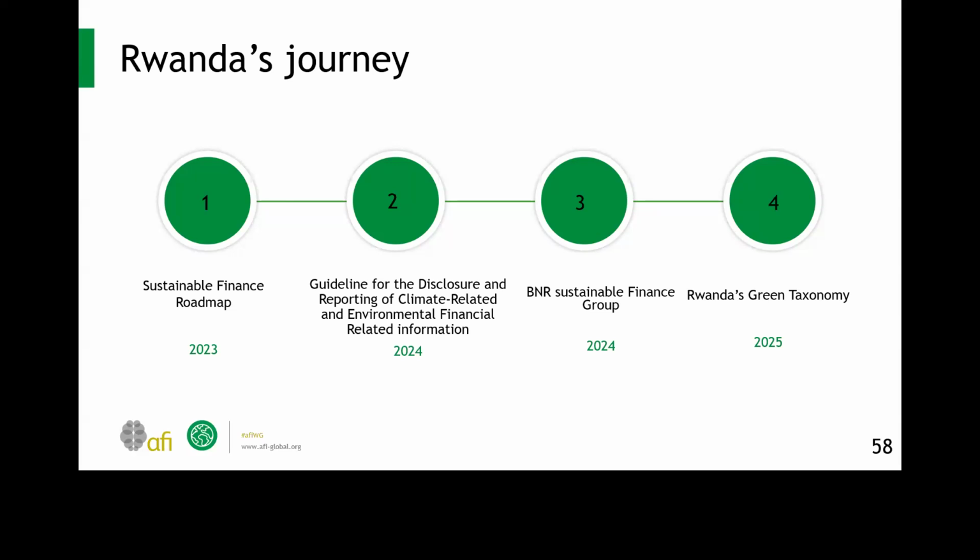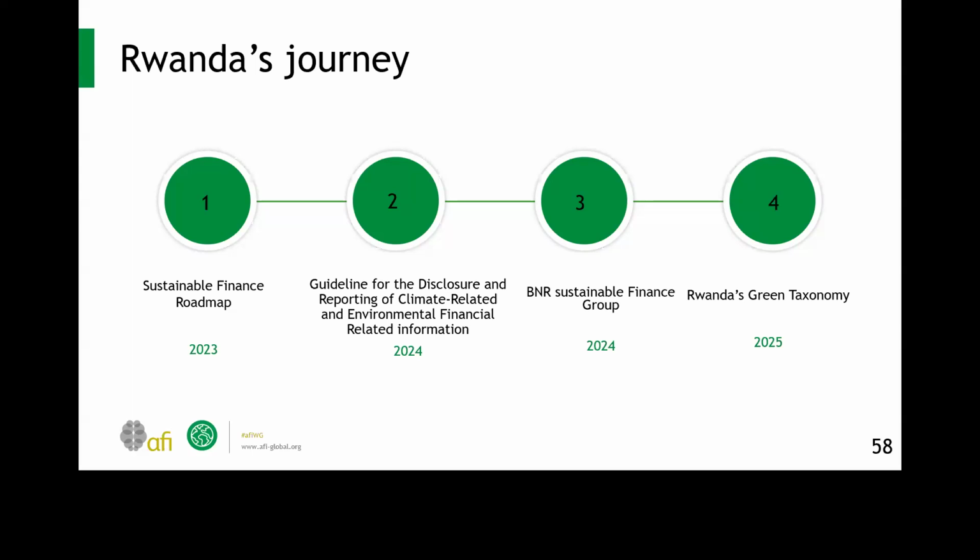These guidelines set a foundation for how banks, microfinance institutions, and insurance companies include sustainable financing and reporting in their main policies, especially risk management policies, governance, and reporting policies.